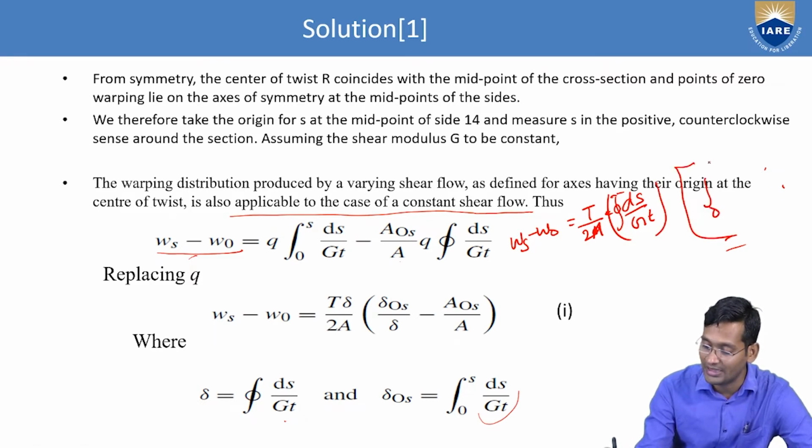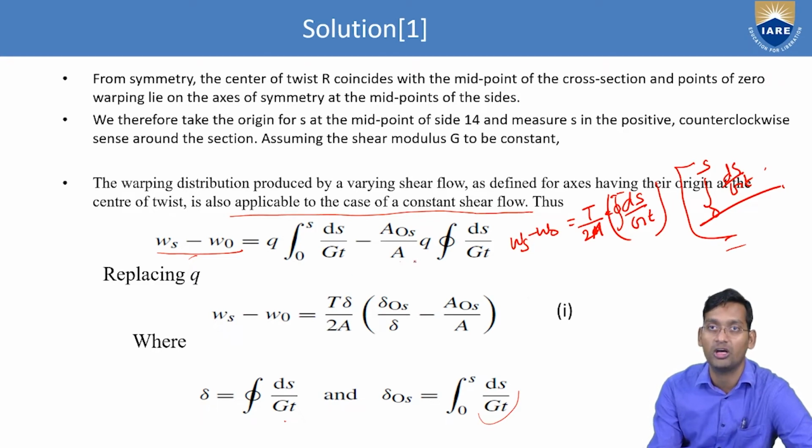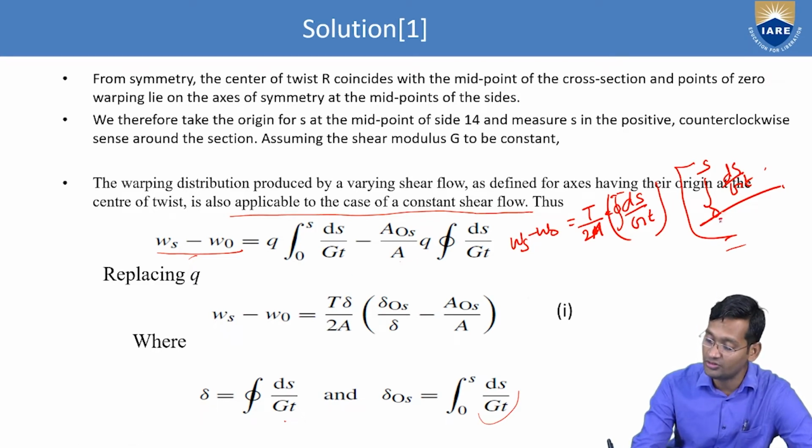This 0 to s, ds by gt, divided by the closed integral. Don't cancel this, because here it is 0 to s and this is for the closed integral, both are not the same, right? With this term it is not there, so you have to divide the 0 to s by the closed integral of ds by gt.